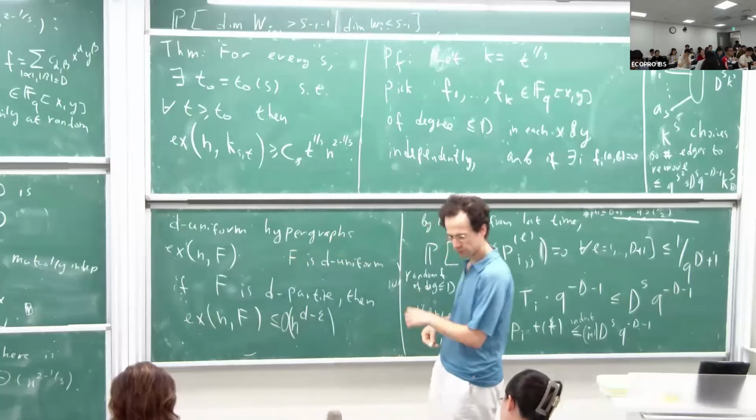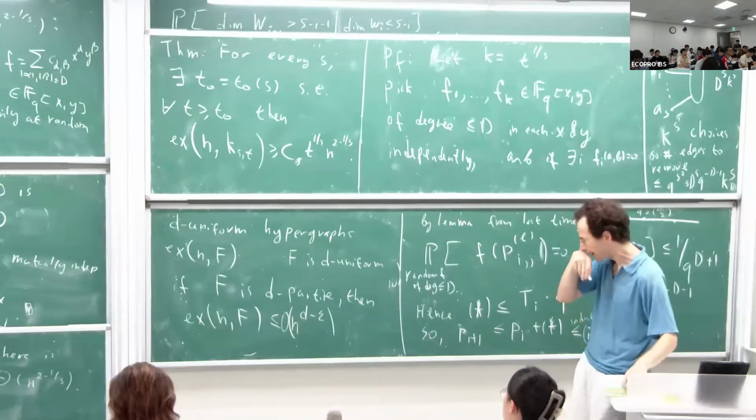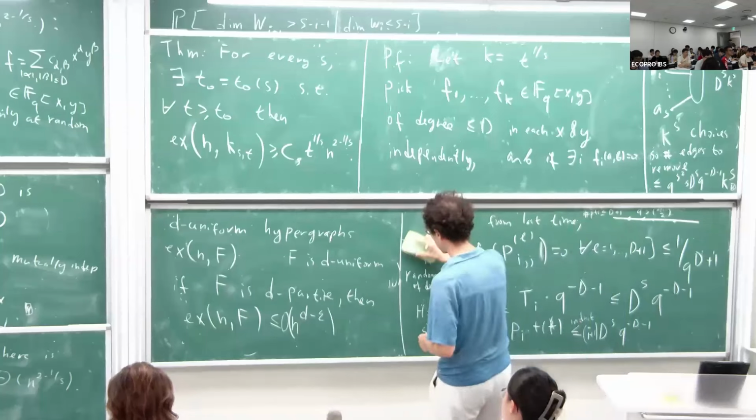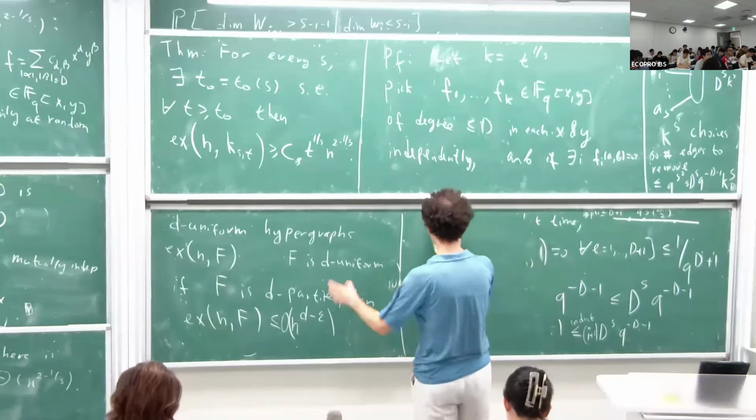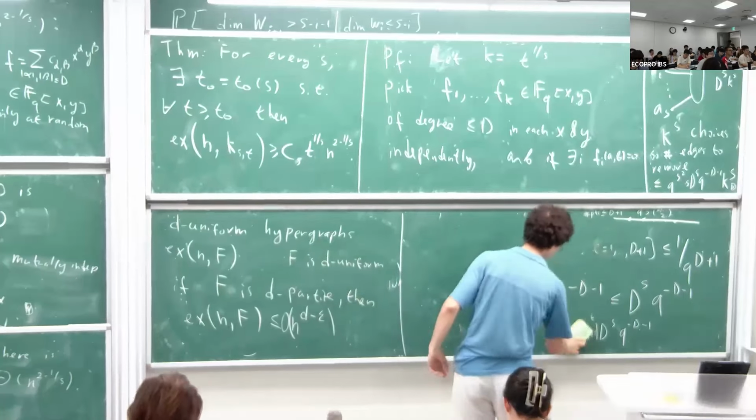It works much like Kővári–Sós–Turán, and the proof is basically the same. You just need to induct on d. That's all.